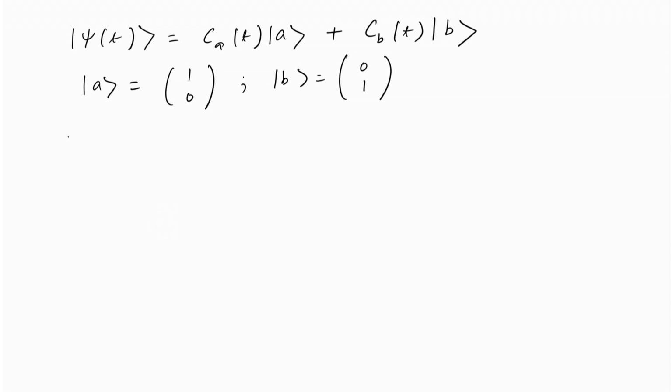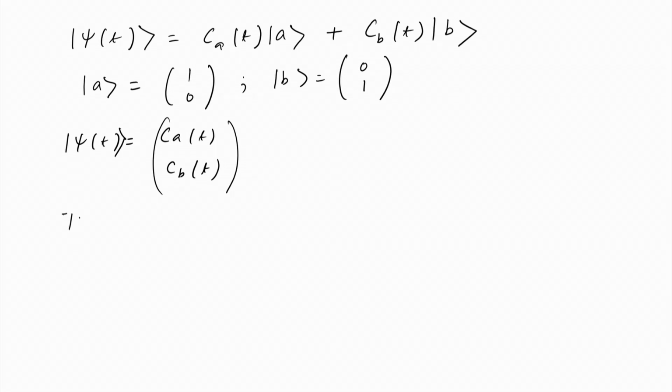So, in this notation, psi of t can be written as C A of t and C B of t, with |A> and |B> put there, in which case the Hamiltonian of the system looks like the following.